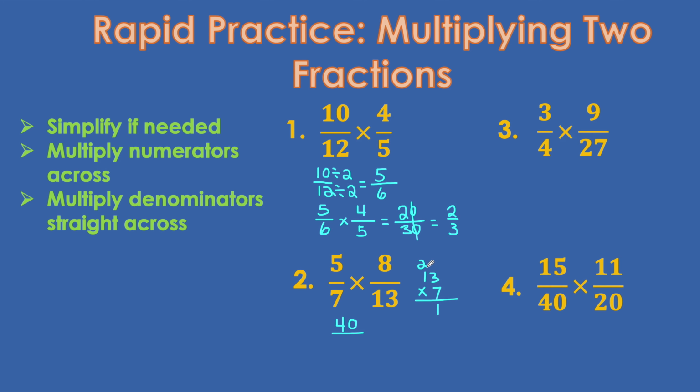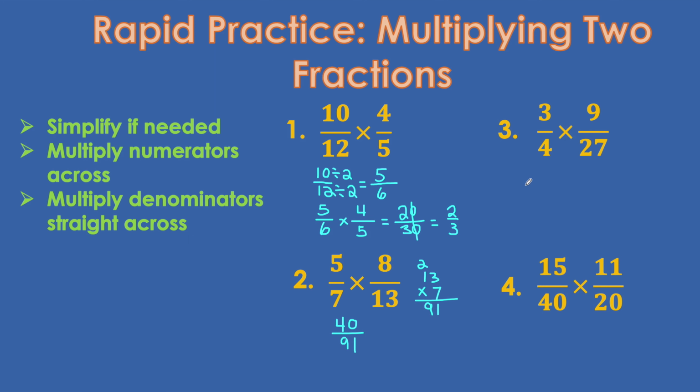Carry the 2. 1 times 7 is 7, plus the 2 is 9. So we have 91 as our denominator. Our final answer is 40/91. There's no other common factors between these two numbers, so that's our final answer.